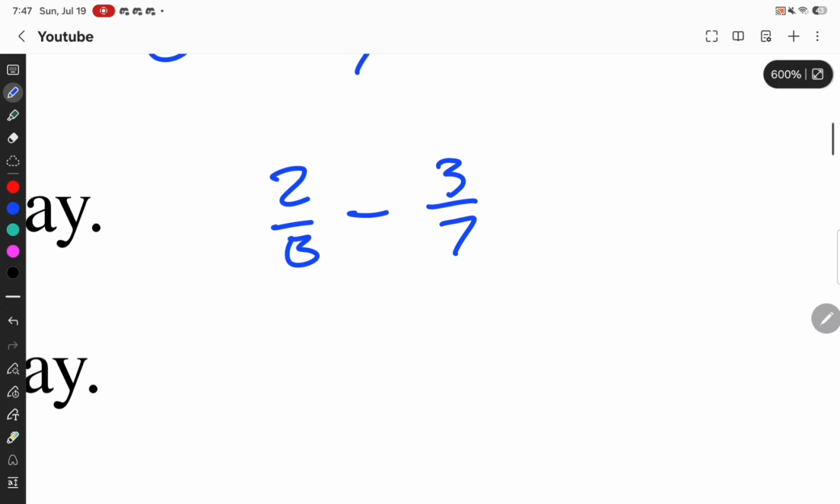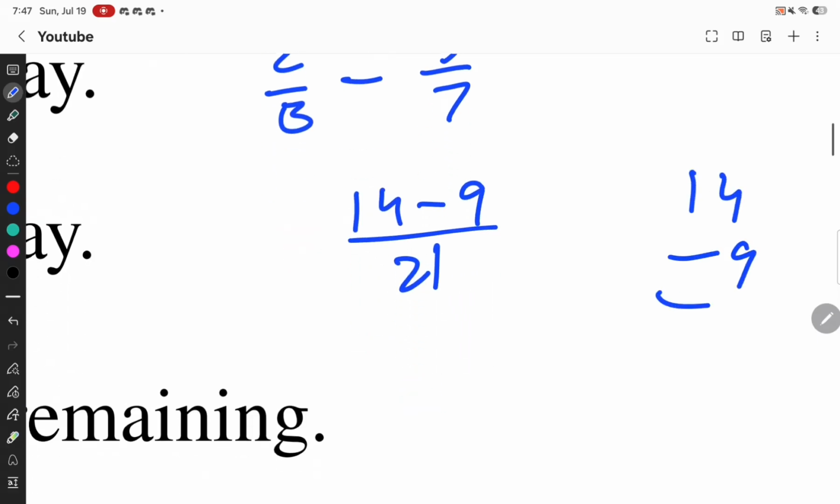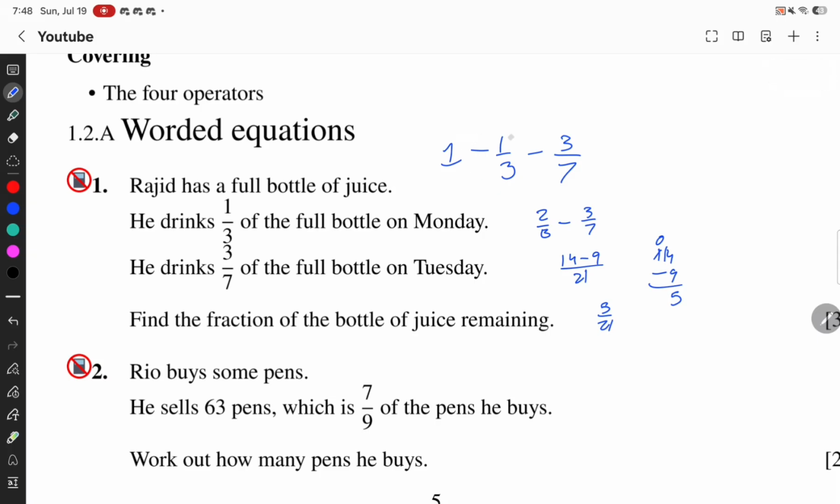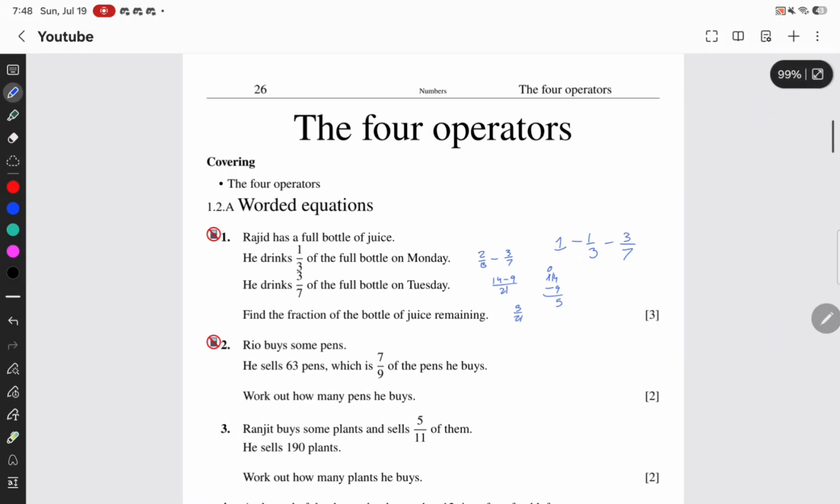Next, denominator the same, we get 2 times 7 equals 14, 3 times 3 equals 9, 3 times 7 equals 21. 14 minus 9, we get 5. So you get 5/21. 5/21 is the answer for this question. I will put my working inside the area. Okay, 3 marks. I do not know how the marking goes, but it is 3 marks.